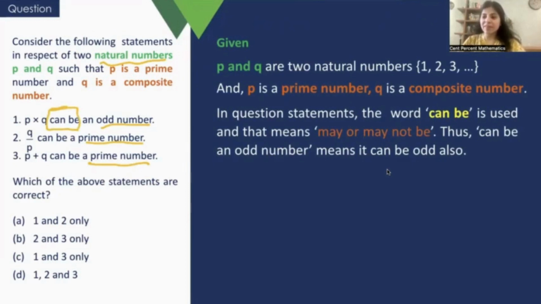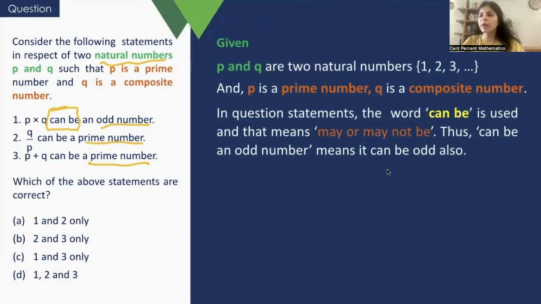You need to comprehend the question absolutely rightly because this is pure logic. You don't have to do anything. Just read the question very carefully. It says that P into Q can be an odd number, Q by P can be a prime number, or P plus Q can be a prime number again.